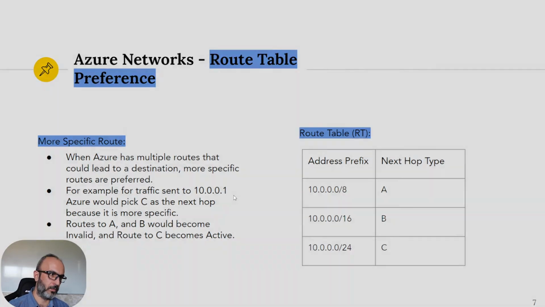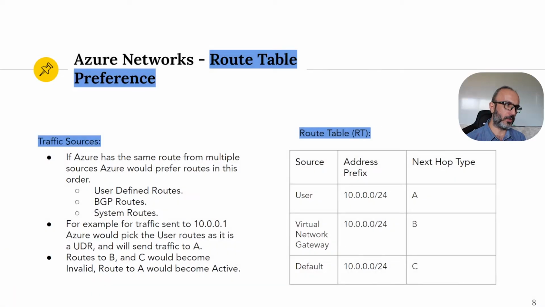The other rule that Azure would use to forward traffic is that if Azure knows about the same exact destination, all with the same prefix length, they are all with a /24 prefix, Azure would prefer a user-defined route over a BGP route, and would prefer a BGP route over a system route.